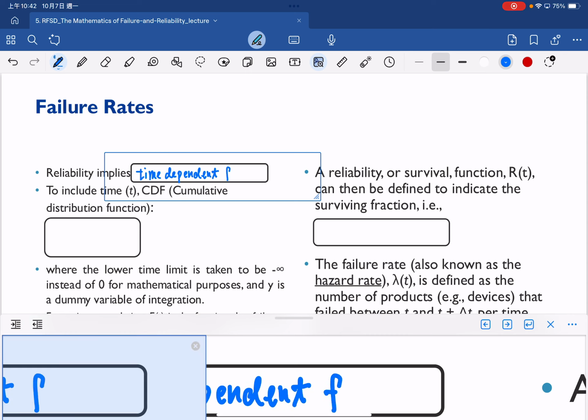into our CDF function. So we already talked about CDF, which is a cumulative distribution function. But also we know the reliability is a time-dependent process. So we must include the t inside the CDF. So this comes out with the capital F, which is what we usually consider as a CDF.